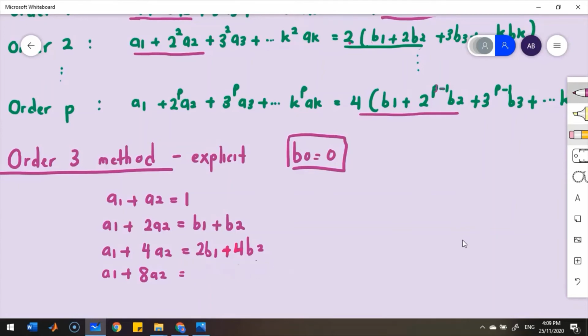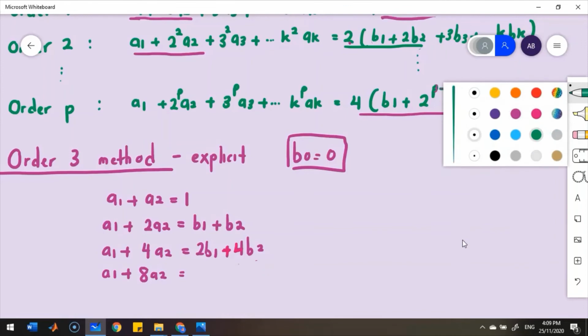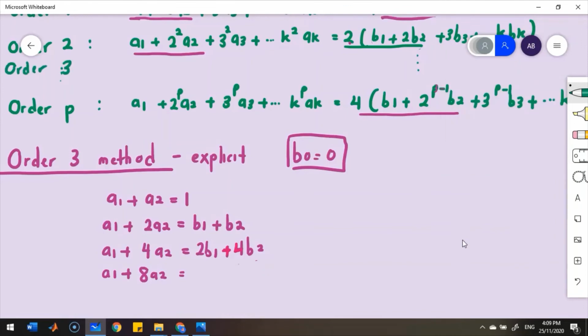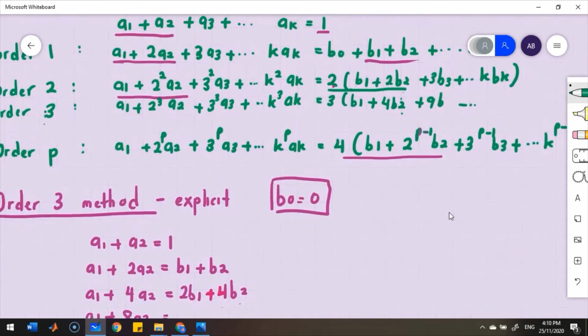So what happened here? If I am writing another one, order 3, I should have a1 plus 2 to the power 3 a2 plus 3 to the power 3 a3 plus k to the power 3 ak equals 3B1 plus 4B2 plus 9B3 plus k squared bk.